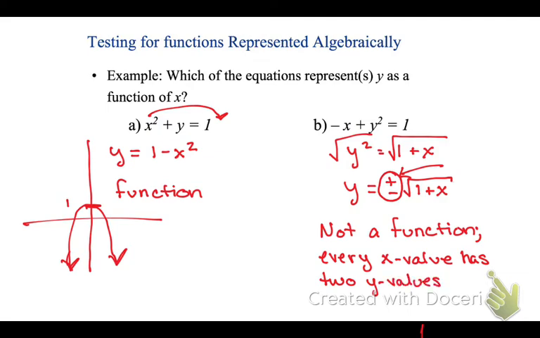And you should say why. Okay? Not a function. Because every X value has 2 Y values. And I want that. Not a function or no is not a complete answer. I want to know why. And every answer is going to be every X value has, it could be more than 1.